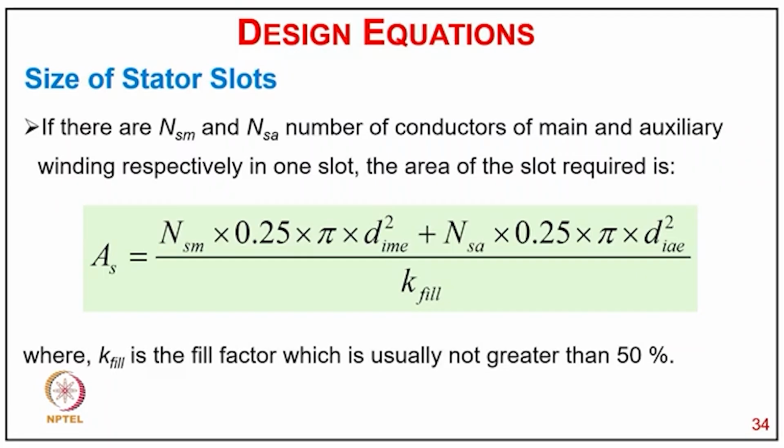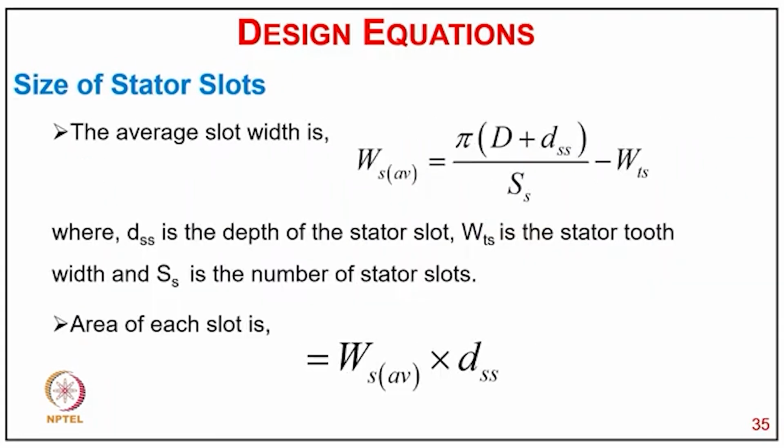The area of the slot required here is AS equal to NSM 0.25 pi d_MSA square plus NSA 0.25 pi d_EA square, divided by K_fill, where K_fill is the fill factor, which is usually not greater than 50% for these motors because of large insulation for both windings as well as on the conductors of these copper windings.